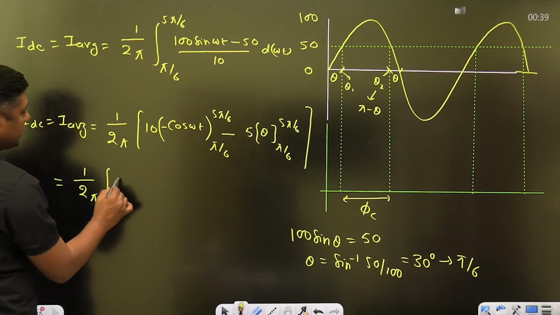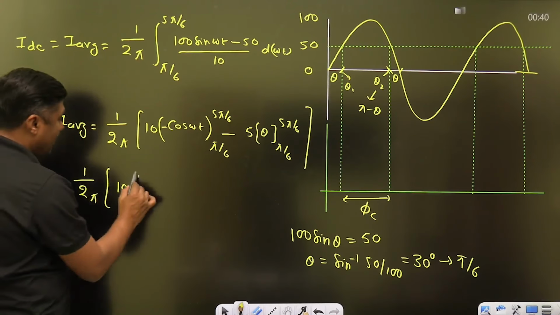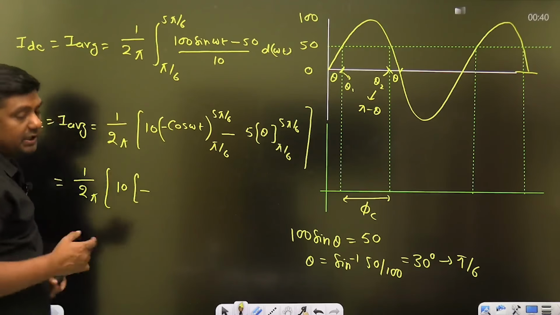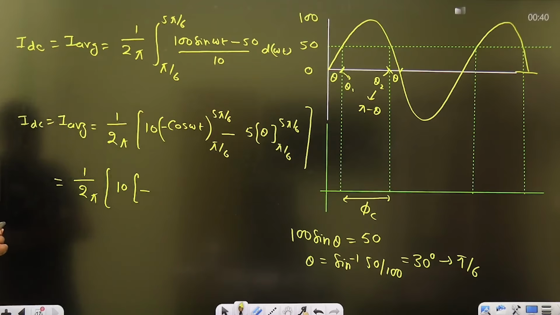here you will get 10. What is the value here? Minus cos of omega t at 5 pi by 6. 5 pi by 6 is nothing but 150. So what is the cos of 150? Remember, in the calculator convert it into degrees, otherwise convert to radians.